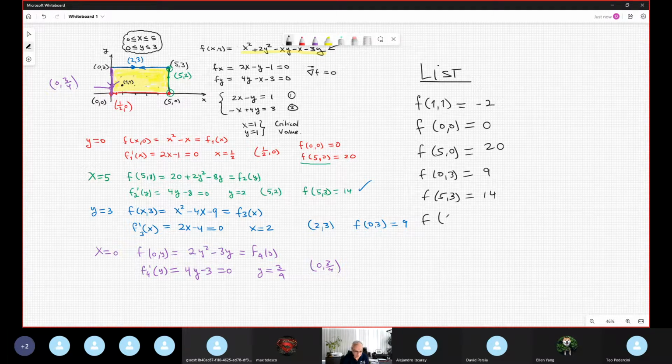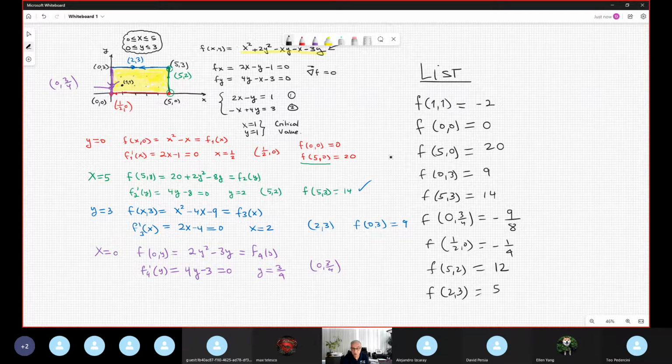F at 0,3/4, the answer is negative 9/8. F at 1/2, 0 is negative 1/4. F at 5,2 is 12. And F at 2,3 is 5. Let me count how many. 1, 2, 3, 4, 5, 6, 7, 8, 9.